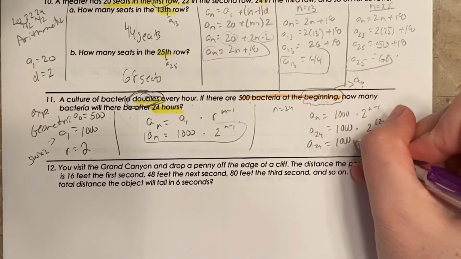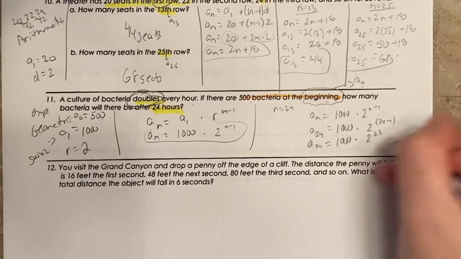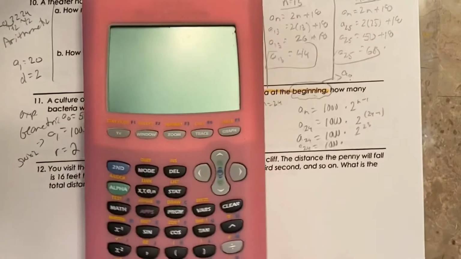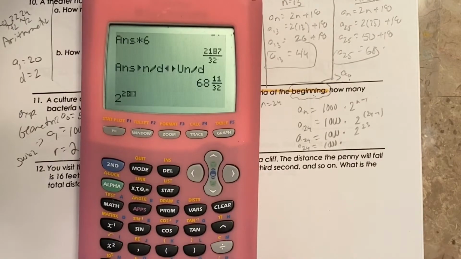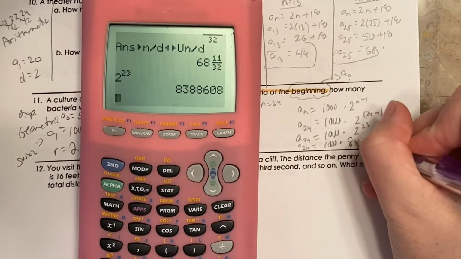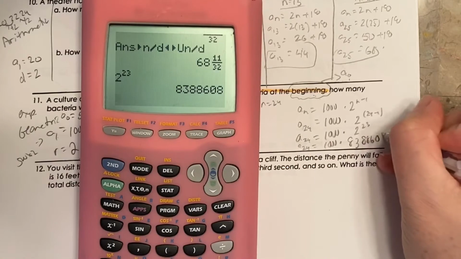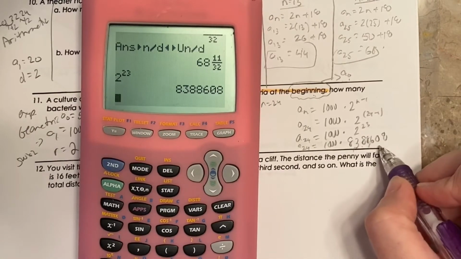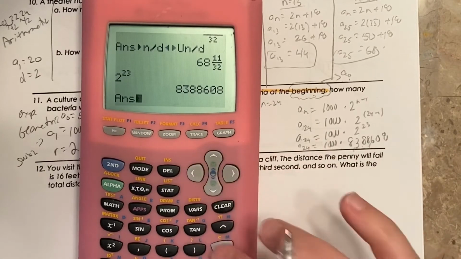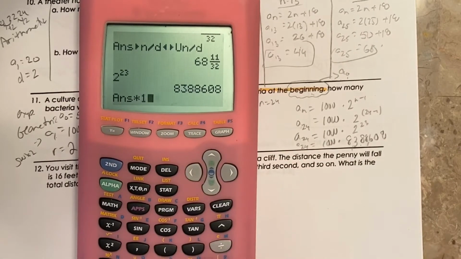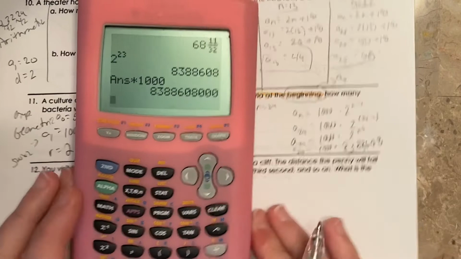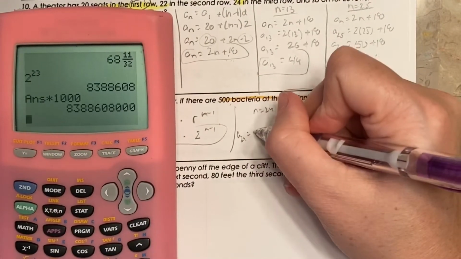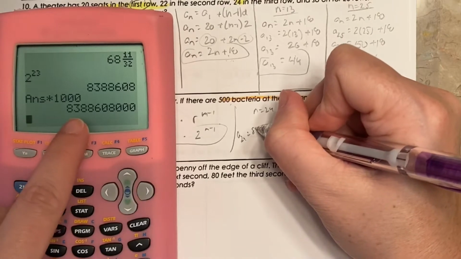Okay, so what is that? That's 1,000 times 2 to the 23rd. A sub 24 is 1,000 times, oh boy, it's going to be a big number. 2 to the 23rd is 8,388,608. So what do we got? 8,388,608 times another 1,000. Oh boy. No room, put it over here.